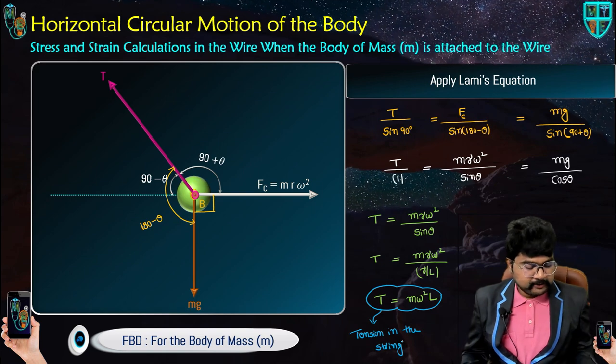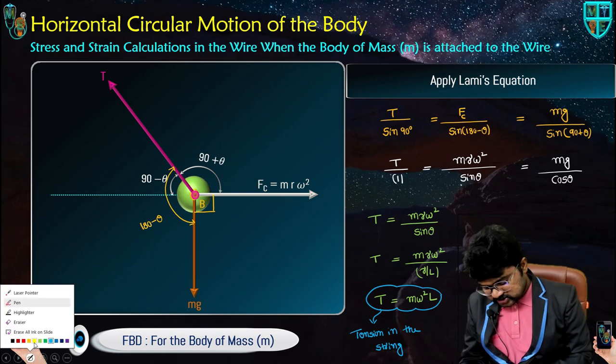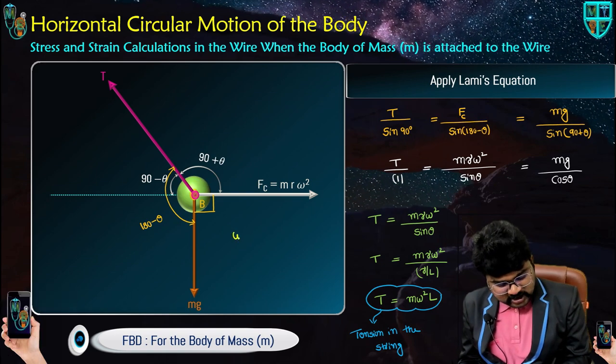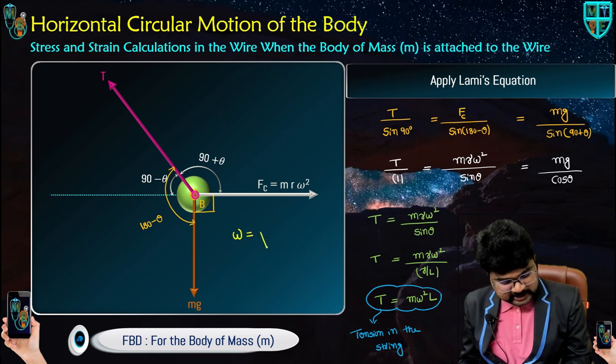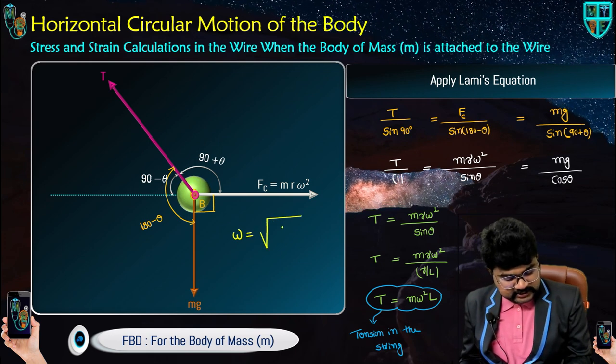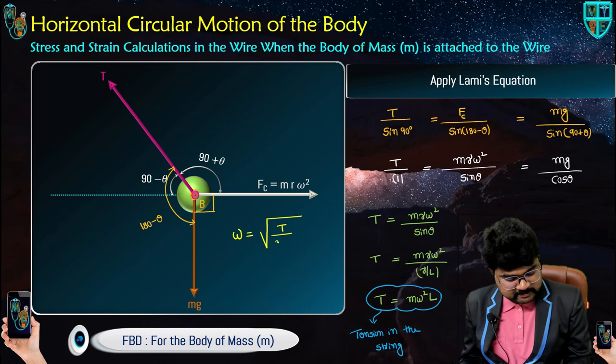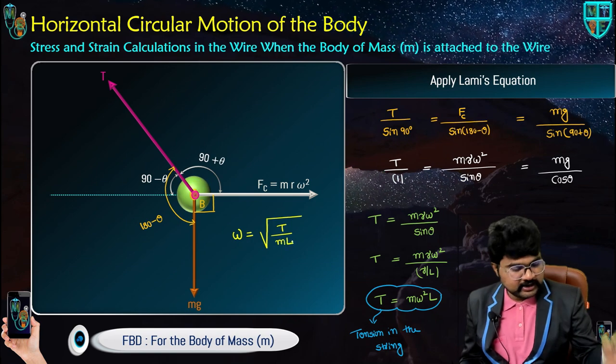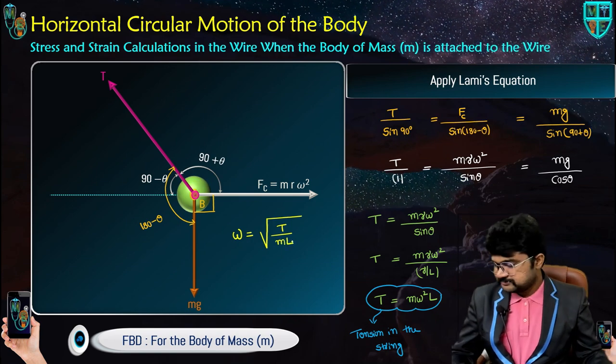From here, omega equal to how much is obtained? Omega equal to square root of T by m L. So from here, what is this?